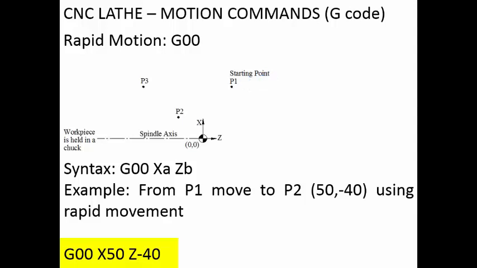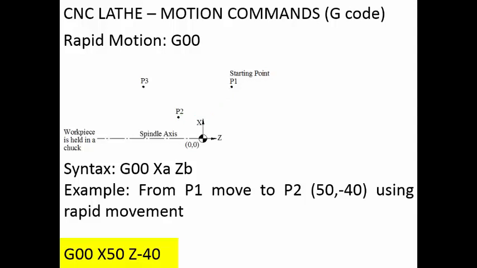Once the controller reads this particular line G00 X50 Z minus 40, then rapidly it is going to move from P1 to P2. Usually it will take the straight line path, but we are not very much concerned. Very rapidly it is going to come to point P2. So that is the rapid motion.